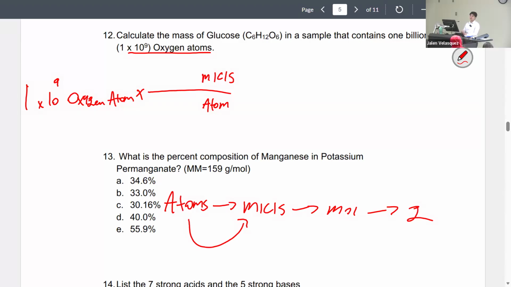So what type of atom are we canceling away? The oxygen, right? In this molecule of glucose, how many atoms of oxygen do we have? 6, right? So 1 molecule of glucose has 6 atoms.